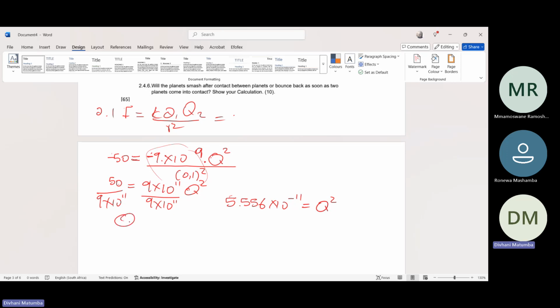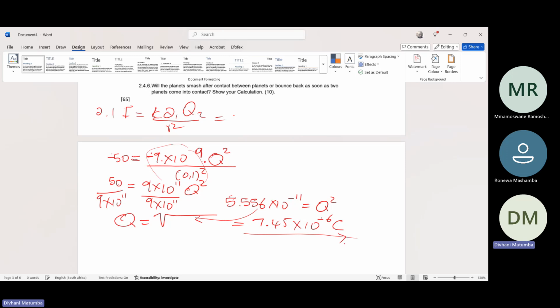Now, if I find the square root, I will get 7.45 times 10 to the power of minus 6 coulombs.